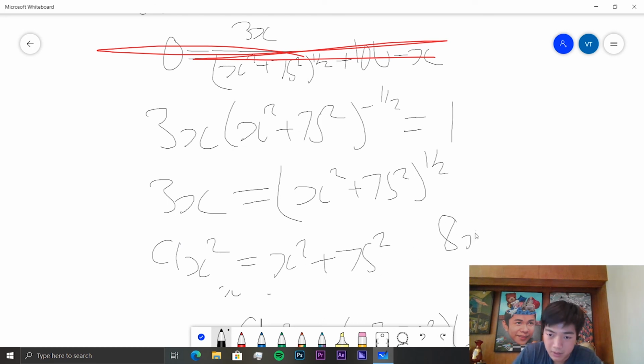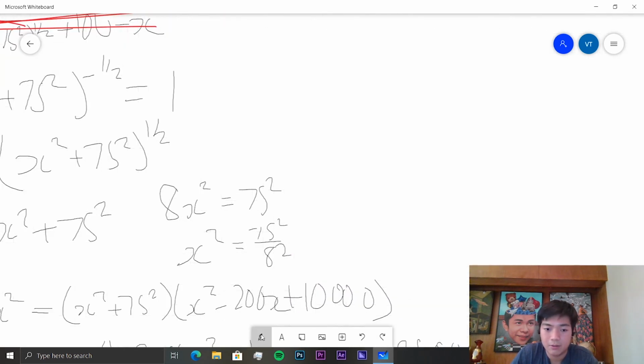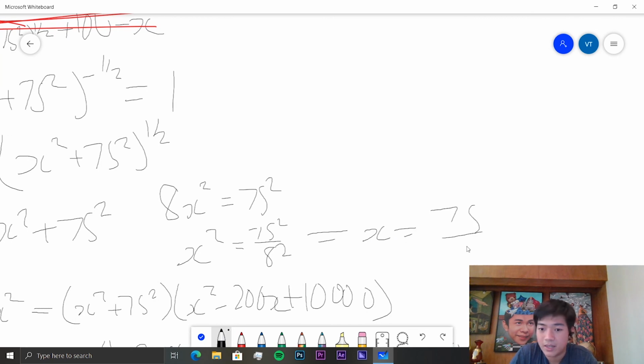So 8x squared is equal to 75 squared. So x squared is equal to 75 squared over 8. So x is equal to 75 over 4 square root 2.